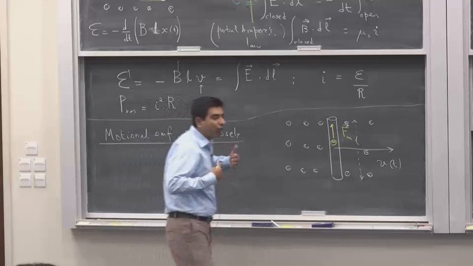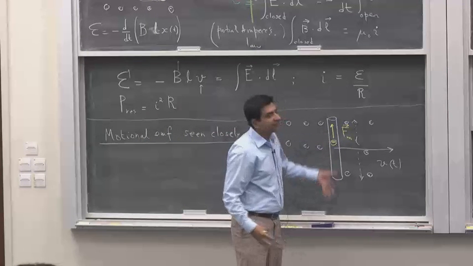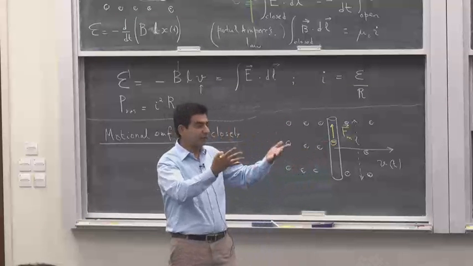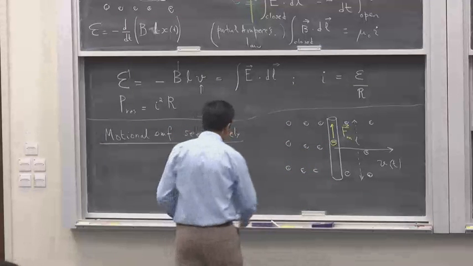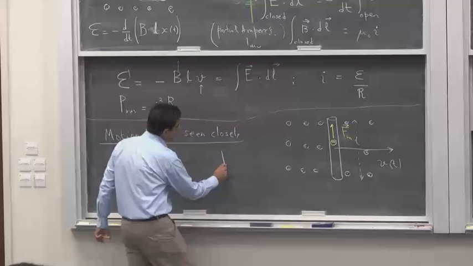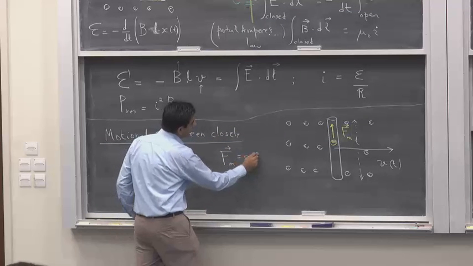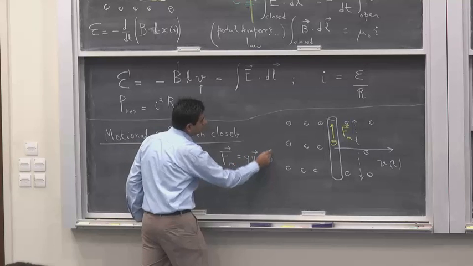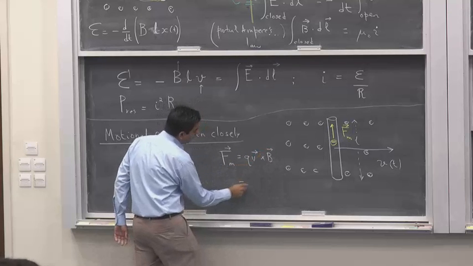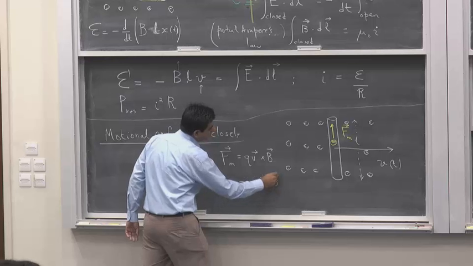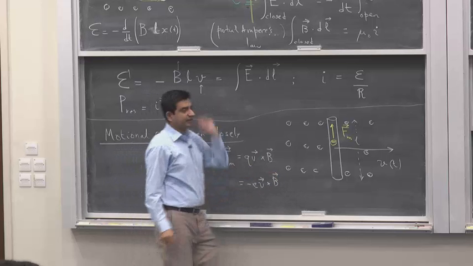Now as this rod moves, all of the electrons inside the rod are going to experience an upward magnetic force. That's the Lorentz force. Remember, this Fm is simply given by Q, V crossed with B. Here the charge on an electron is negative, so you have minus e V crossed with B. This is the magnetic force.